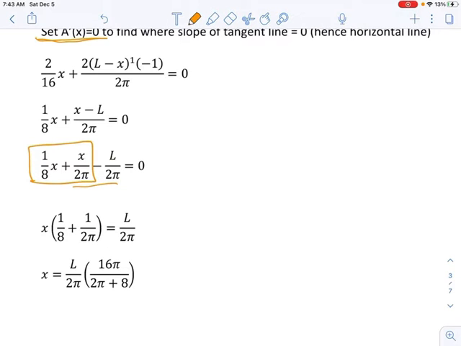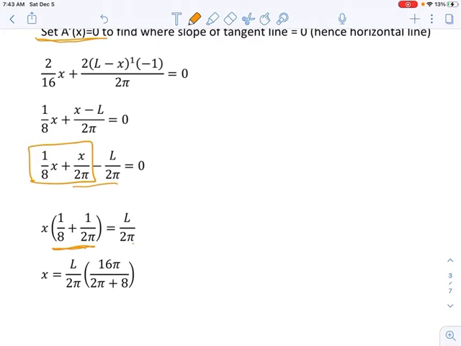So you have (1/8 plus 1 over 2 pi) times x is equal to L over 2 pi. Then, solving for x, you're just going to multiply by the reciprocal of this, so you're going to have L over 2 pi times, getting a common denominator of 16 pi, 16 pi divided by 2 pi plus 8.